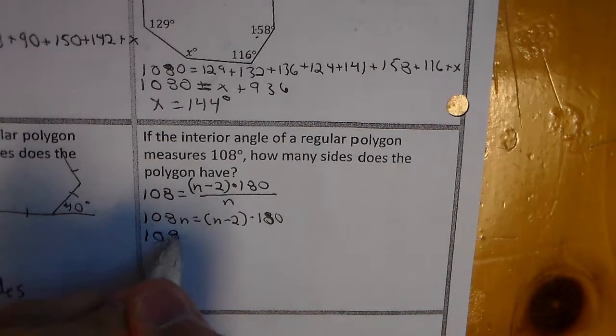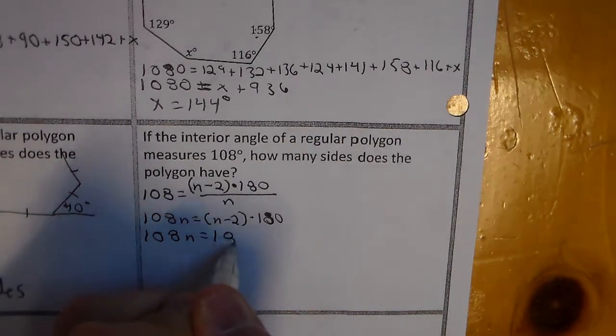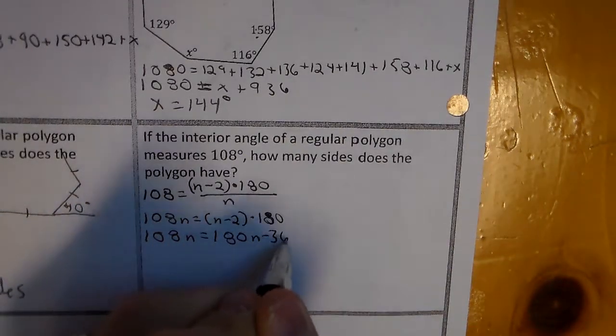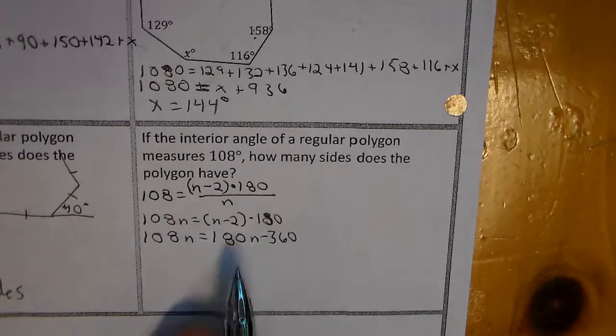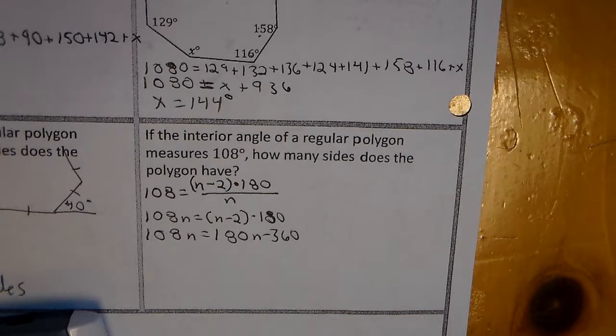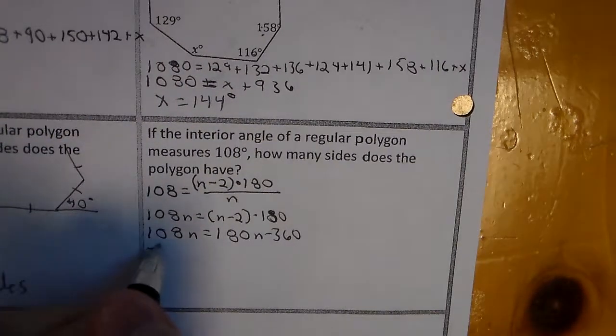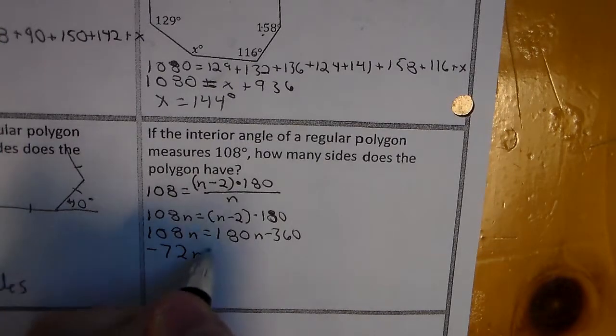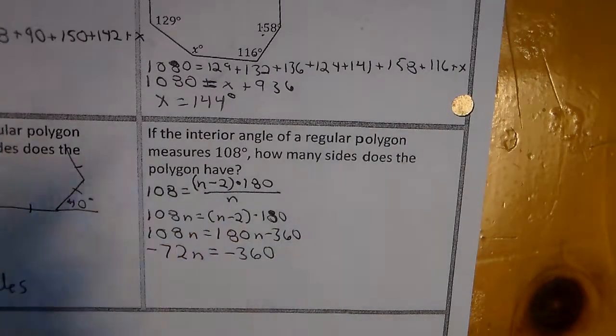By distributing it on the right side, we get 180n minus 360. I'm now going to subtract the 180n to the left side, so that's going to be 108 minus 180, which gives me negative 72. n equals negative 360.